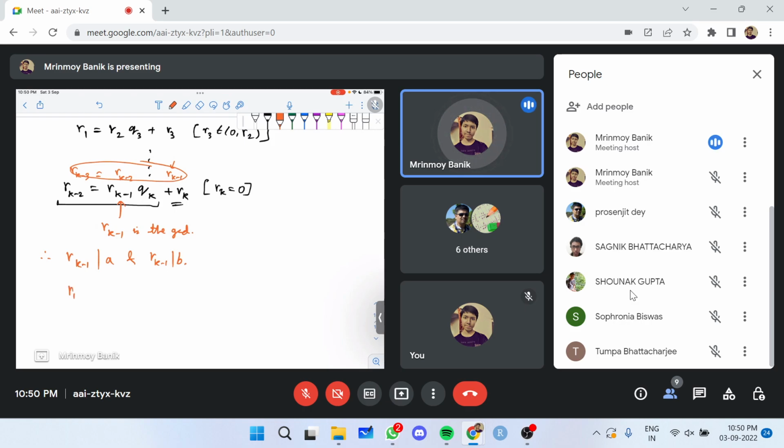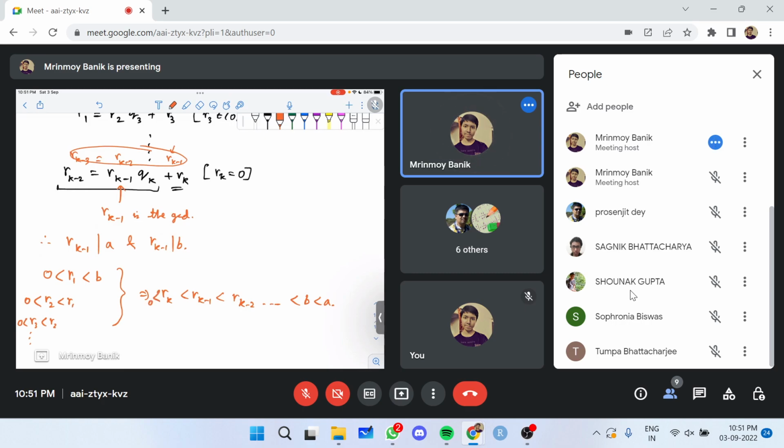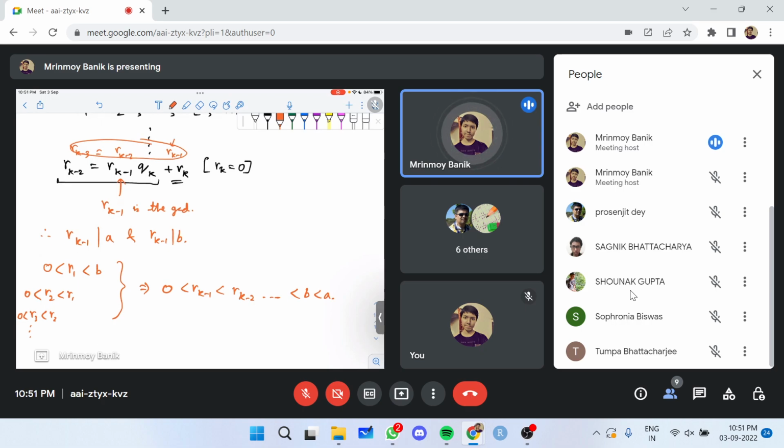We have R1 bounded by 0 and B, then R2 bounded by R1 and 0, and R3 bounded by R2 and 0, and so on. So this implies Rk is less than Rk minus 1, less than Rk minus 2, up till B less than A. Rk is 0 unfortunately. So this is the string of inequalities.